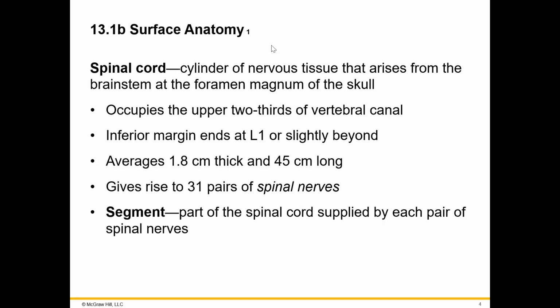The spinal cord is a cylinder of nerve tissues that arises from the brainstem at the foramen magnum of the skull. This foramen magnum is very important. It's a bony prominence, like a hole, and through it, your spinal cord will start to come out.